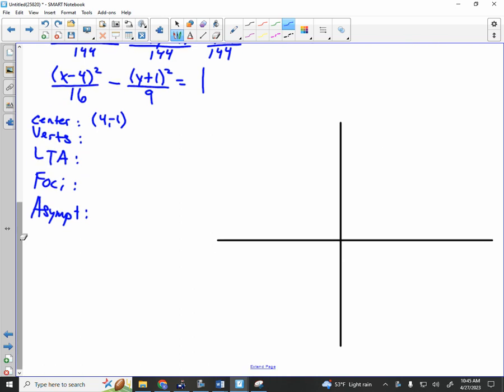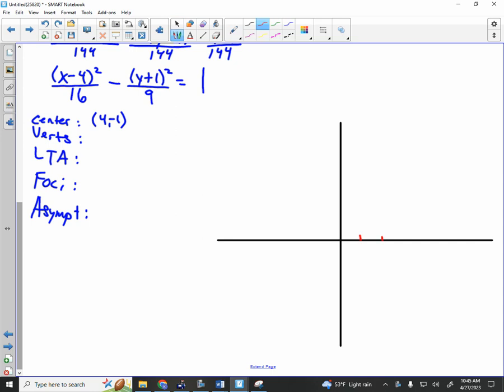So it's time to plot that. Notice that if there's a 16 under the x, how many units am I going to go in the horizontal direction? All the way out to 8, right? So I want to make sure I can see everything on this graph. So I'm going to make a 12 by 12 graph. Okay, and I'm going to go by twos.